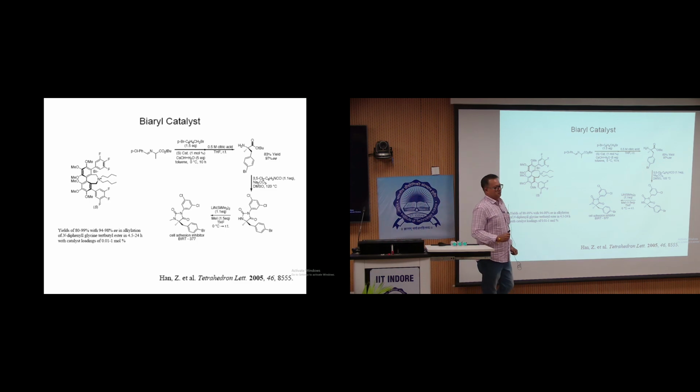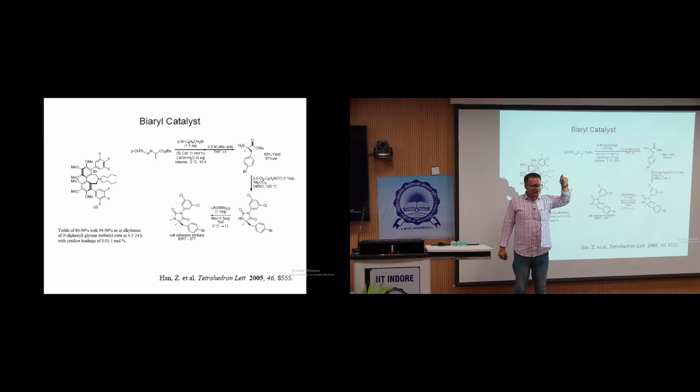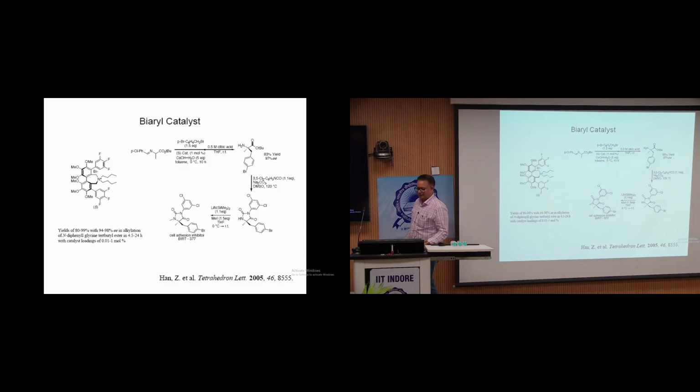What do you mean by lactam? There is a ring, there is a CO and there is NH on one side. It's a cyclic amide, right? So now in the cyclic amide, carbonyl, nitrogen, carbonyl, carbon. Now this carbon I am replacing with another nitrogen. What will I call it?